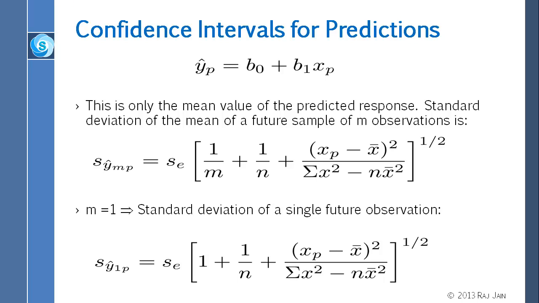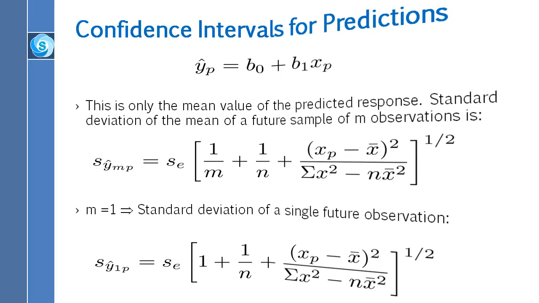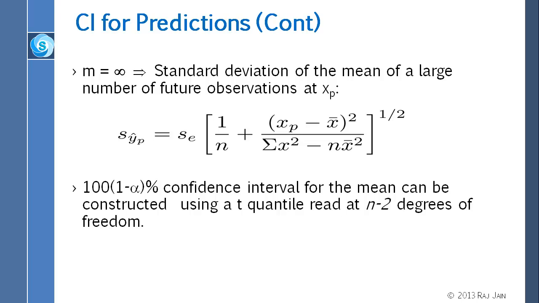If you are going to predict infinite observations, then this will become 0, 1 upon m, right? So it depends upon what you are predicting. So if you are predicting one observation, if you take a random sample and then you expect it to be, then you will need this kind of variance or standard deviation. M is equal to infinity, that is the mean of a large number of observations, that 1 upon m goes away.